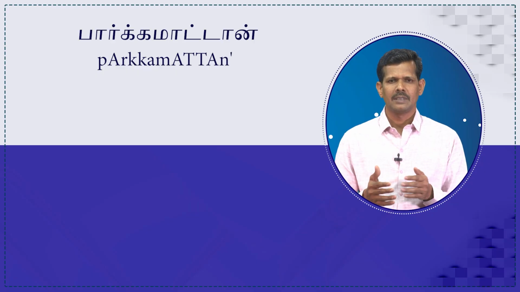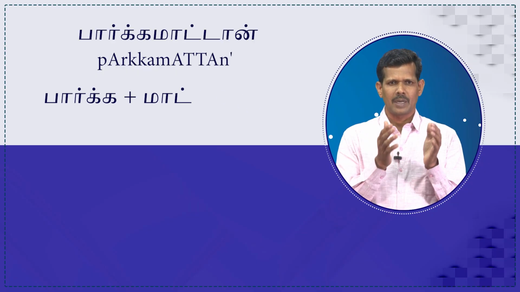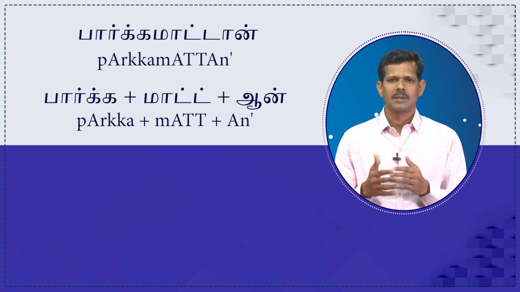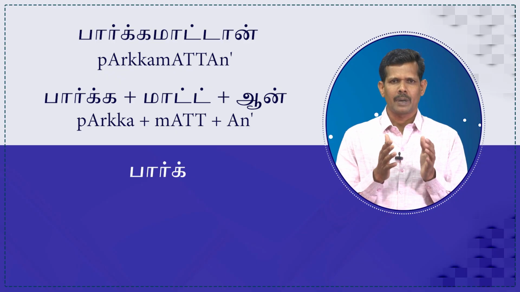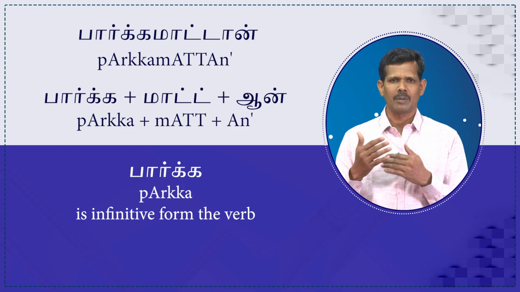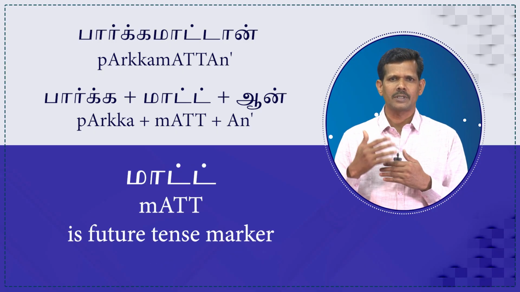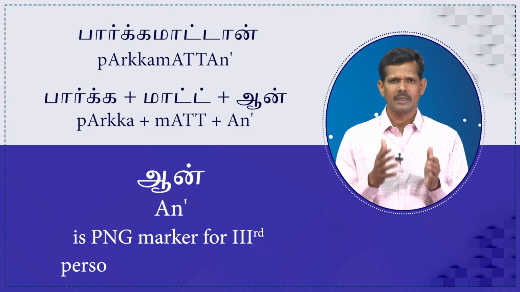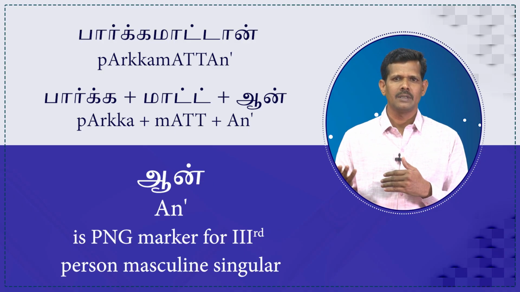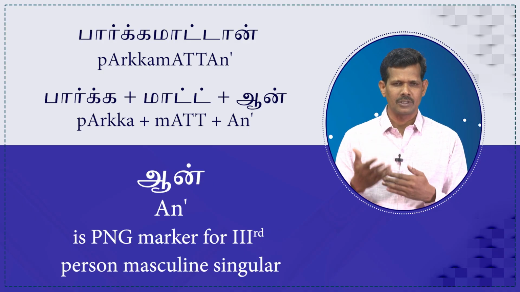The next example is Parka Matan. It is segmented as parka plus mat plus on. Parka is the infinitive form of the verb par. Mat is the future tense marker. On is the PNG marker for third person masculine singular.